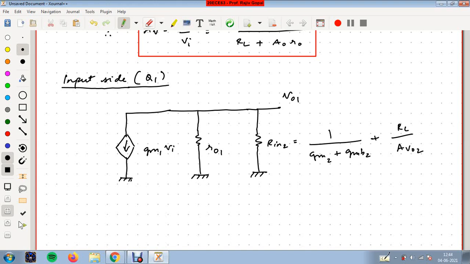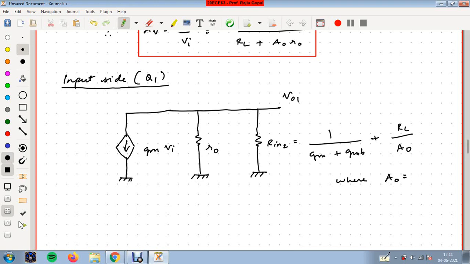In that case you will not have gm1, gm2, R01, R02. You will have only gm. So this will become gm, this will become R0, this will become gm plus gmb, and this will become A0.